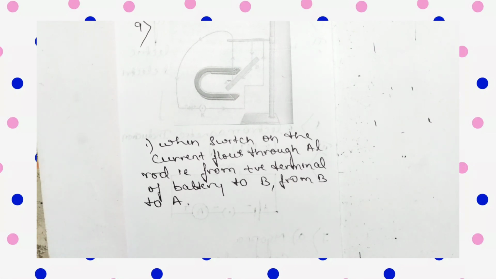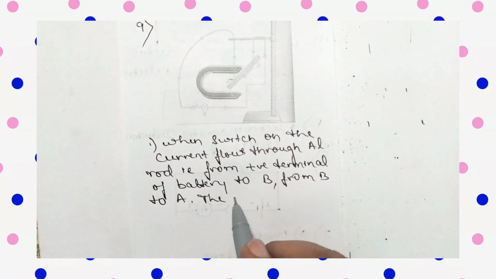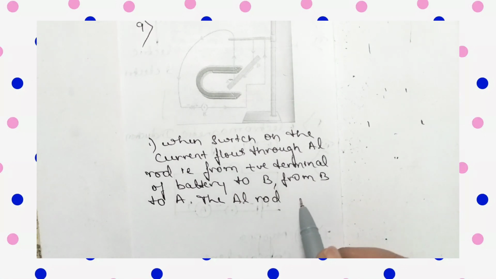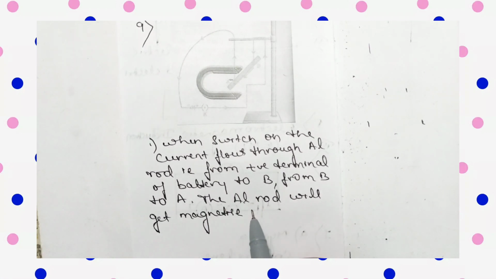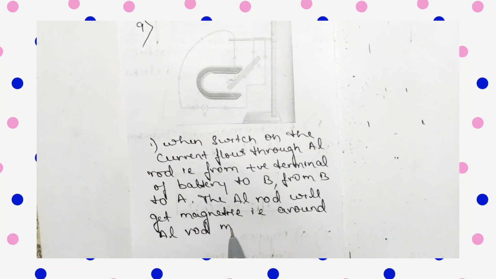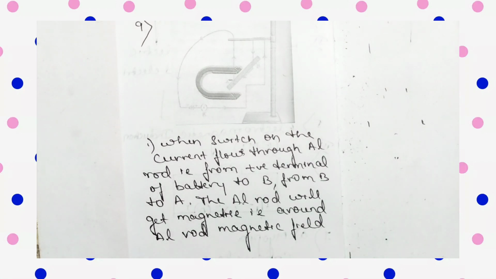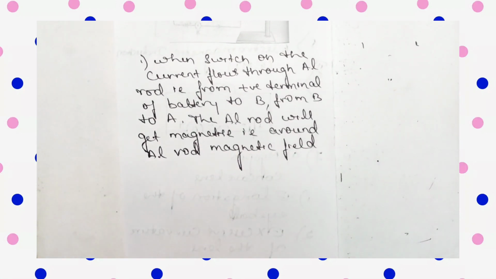Okay, so when the current flows from B to A, the aluminum rod will get magnetized. That means around the aluminium rod a magnetic field is produced.